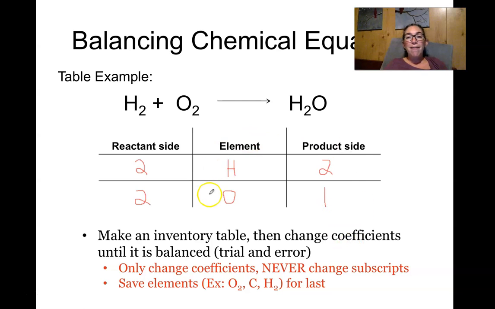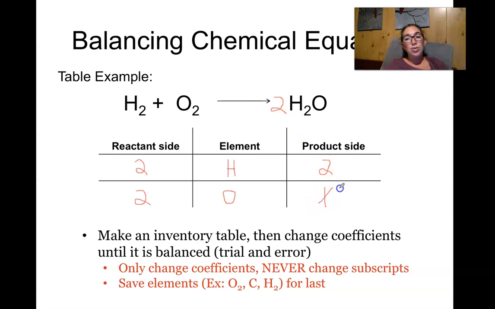So in order to balance this, we need to add coefficients in order to get all of those numbers to be equal. Hydrogen's balanced already. We don't need to change that, so we're going to have to work with oxygen. If we have 2 over here, we need to have 2 on the product side. So I can add a 2 coefficient.